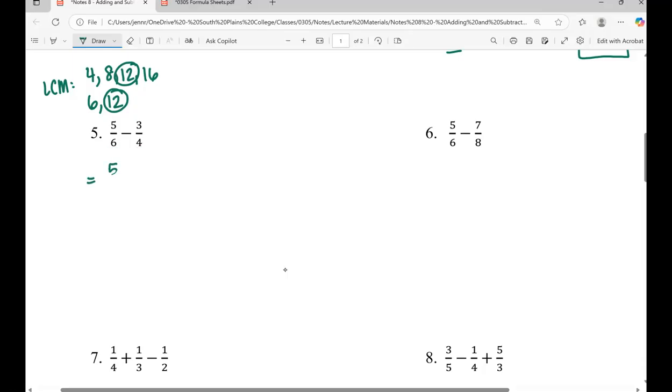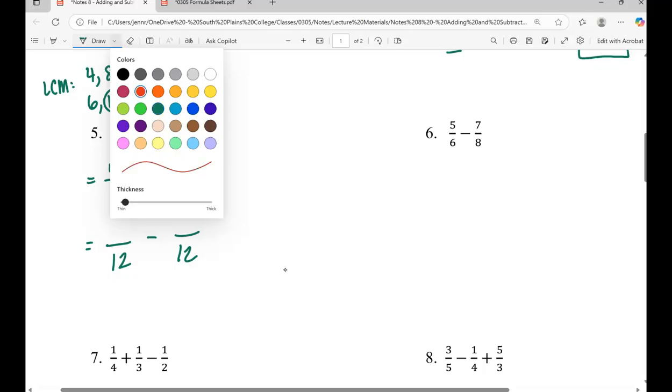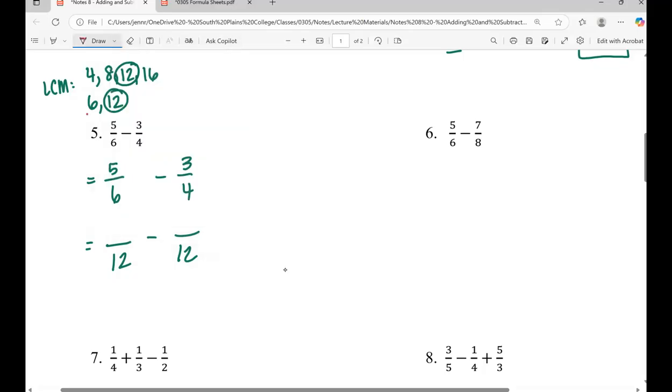So give yourself some room. And my goal here is I need a 12 on bottom for both. Well, in my 6 list, it took 2 groups. So 6 times 2 is what gives me the 12. Top and bottom, 10 over 12.